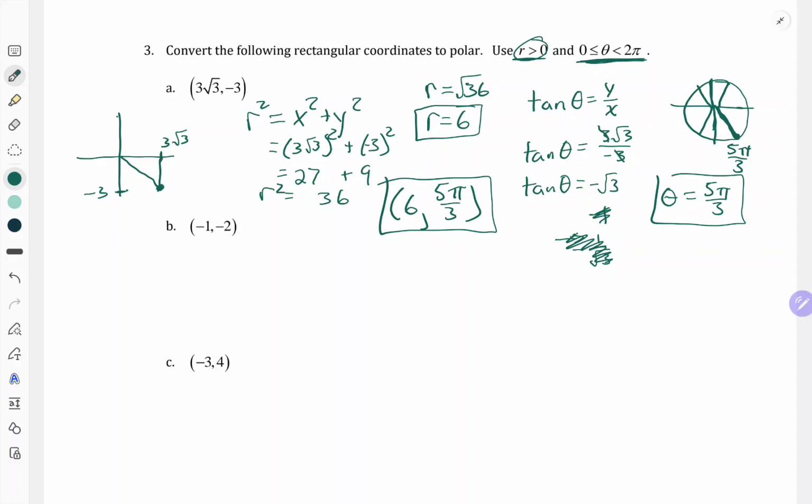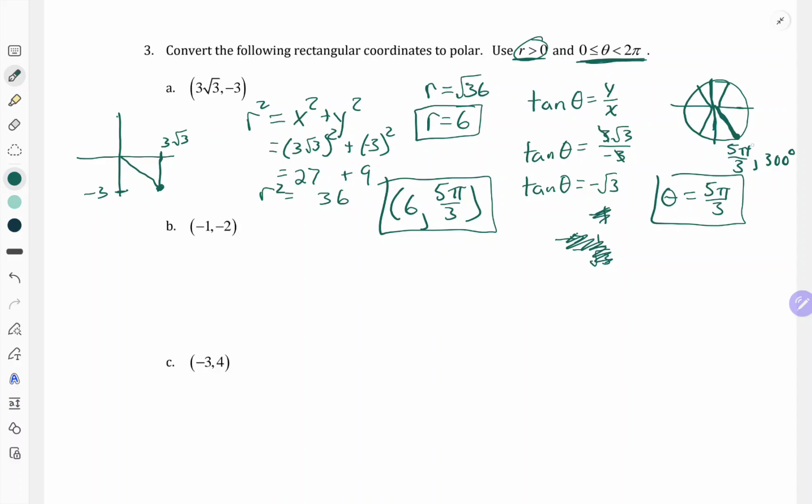Some people like to use alternative methods, so they might do an inverse tangent with degrees, because degrees give you sort of nicer numbers. You would find that's negative 60 degrees, and then you'd have to get past that negative right angle, so you add 360 to get back to 300, and then you could convert that 300 back to 5 pi over 3.